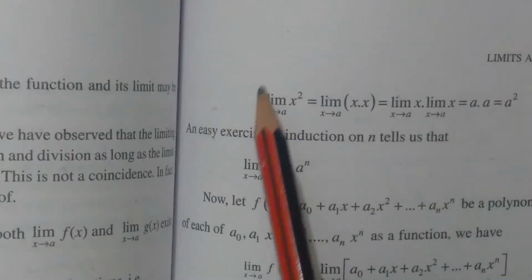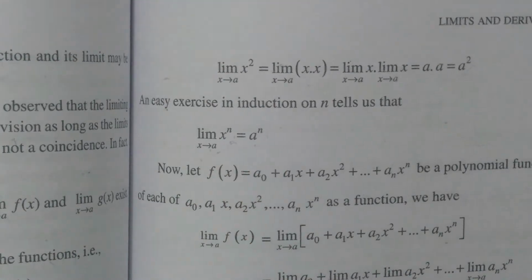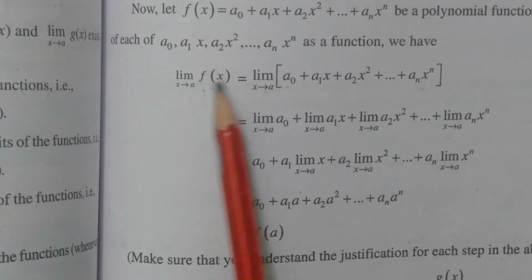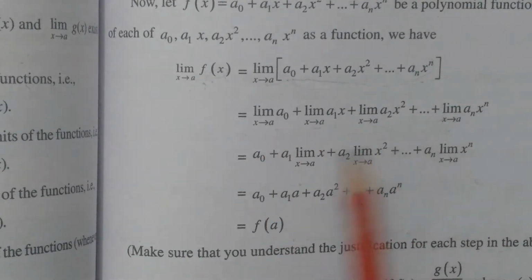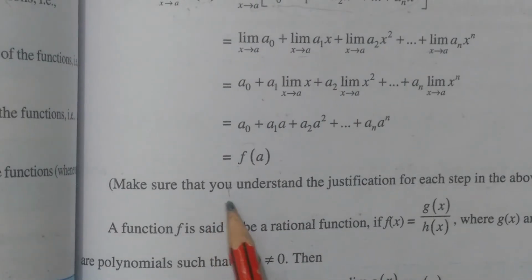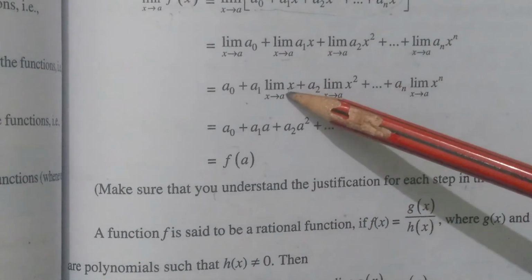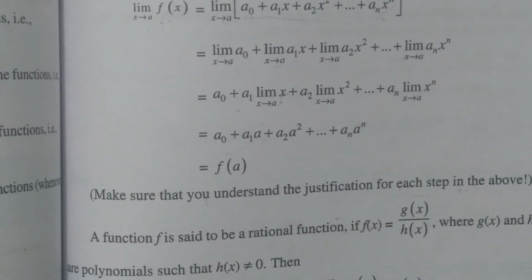So we say limit x approaches to a of x raised to power n is equal to a raised to power n. So finally the result, limit x approaches to a of f of x, is that we substitute the values separately, so this becomes f of a. Make sure that you understand the justification for each step above, that is, the algebra of limits should be clear to each and every one.